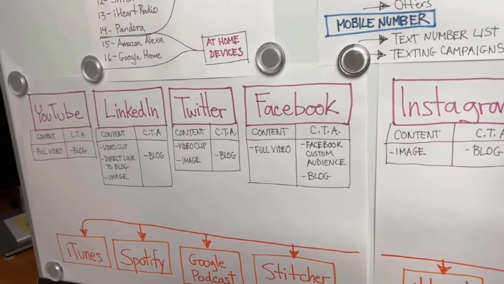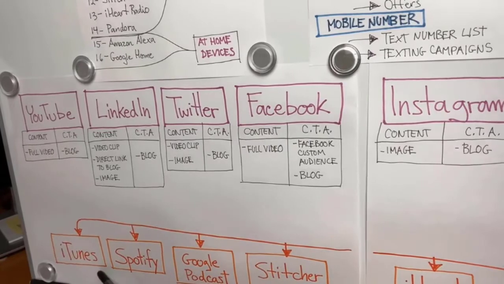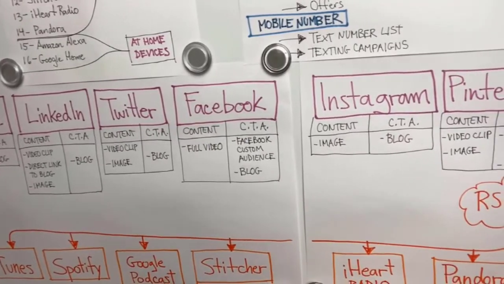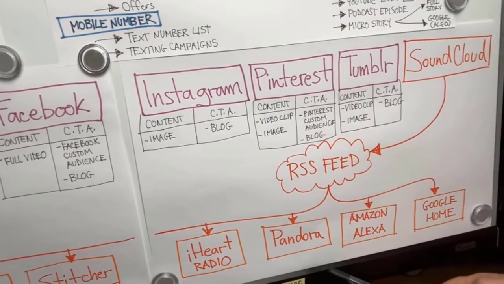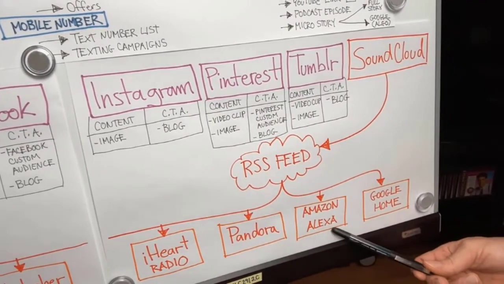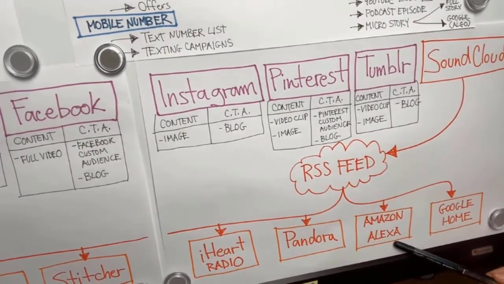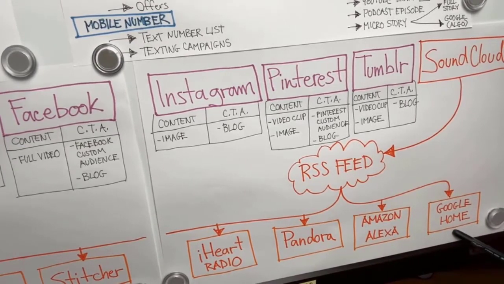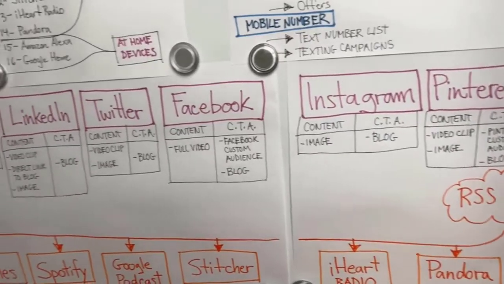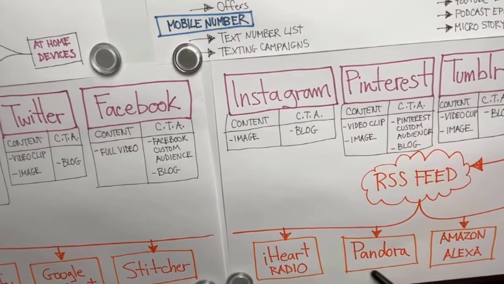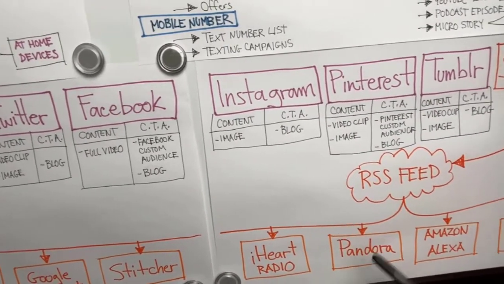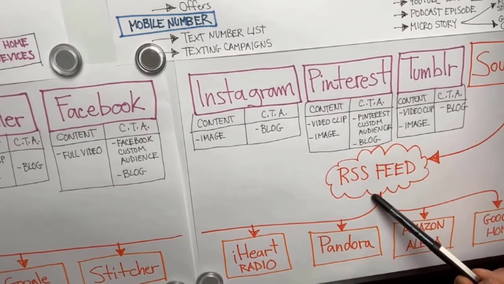I'll say them quick because I already said them 3 times. iTunes, Spotify, Google Podcast, Stitcher, iHeartRadio, Pandora, and Amazon Alexa home devices, and Google home devices. Now I had to get approved on every single one of these podcast platforms individually, and all I had to do was submit to them my RSS feed.